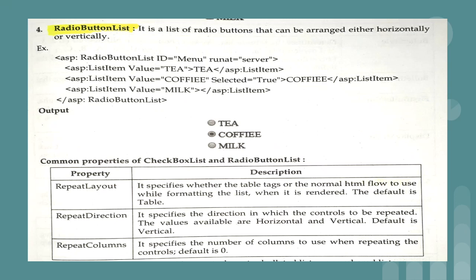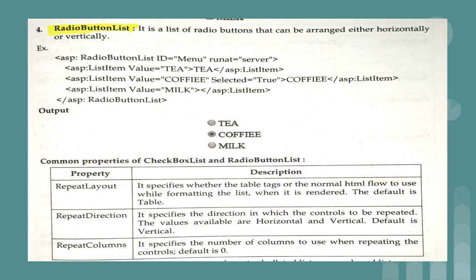There are some common properties which are related to the checkbox list and the radio button list. The first common property is RepeatLayout. It specifies whether table tags or normal HTML flow is used while formatting the list when it is rendered. The default is table.